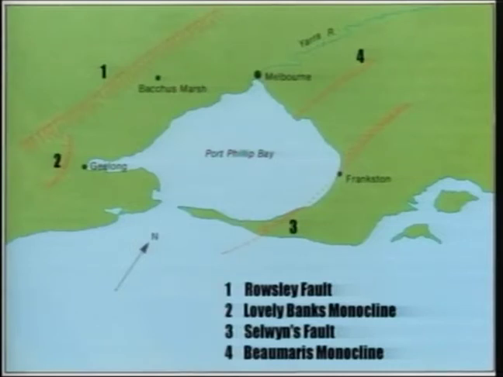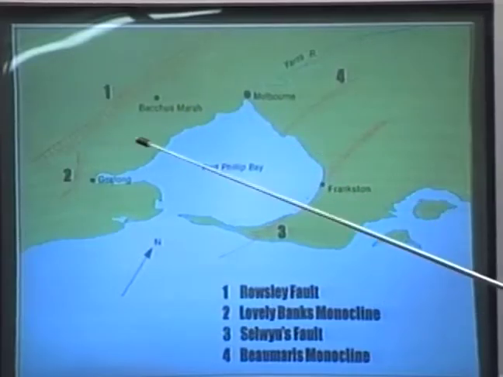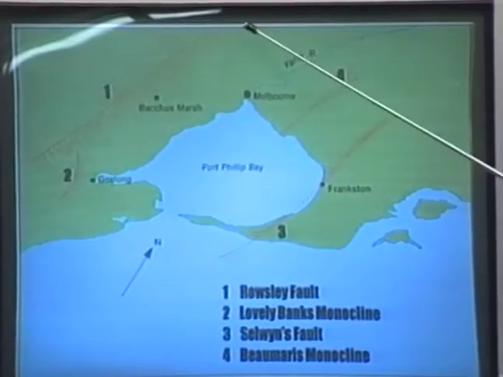You see this particular region here, we are concentrating mainly on Port Phillip Bay here. And note that there are 4 main features which are mentioned here, which are also responsible for the movement along this region. The Roseleaf Fault is labeled with number 1.